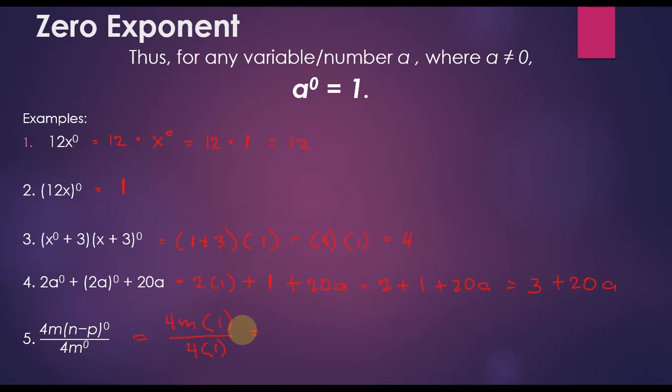Equals. Let's simplify. Of course, as you can see, we have here 4m over 4. And then we can simplify 4 over 4, which will give us 1. So this is 1m. Of course, you need to neglect writing 1 here. So you can just have here m. So this is how to solve zero exponent.